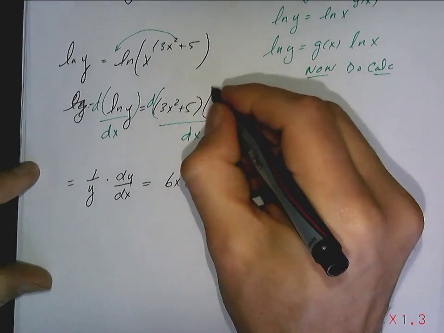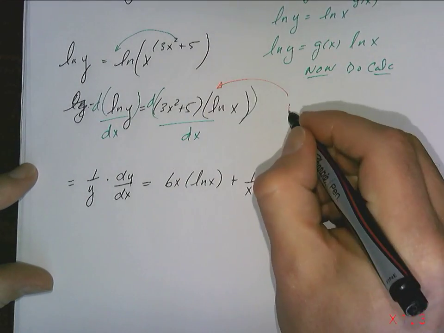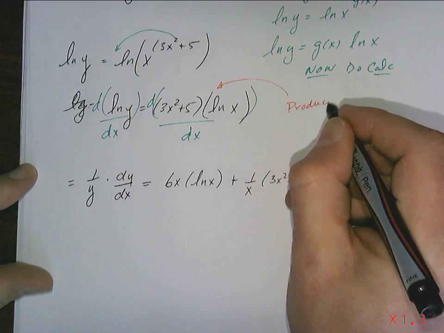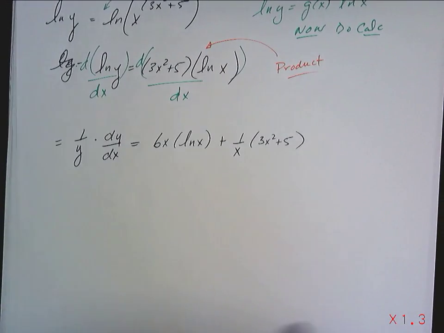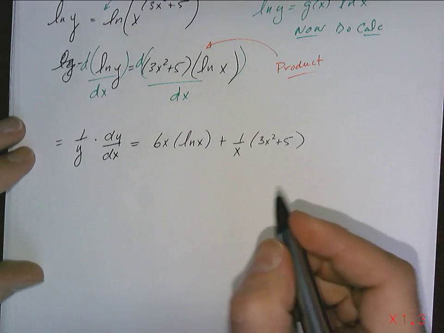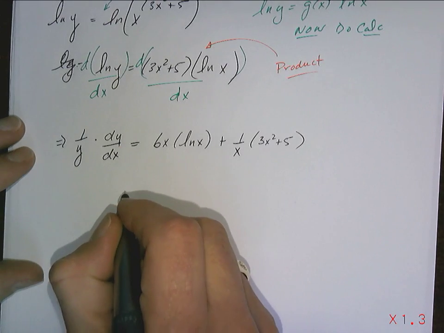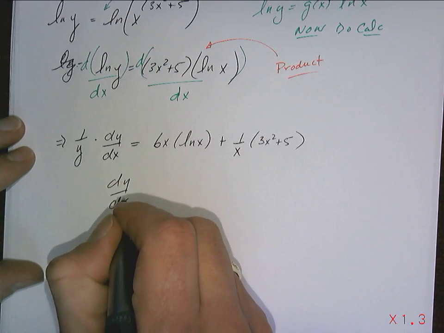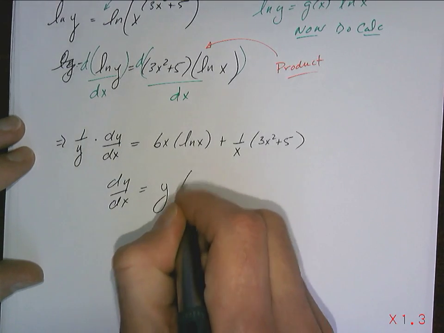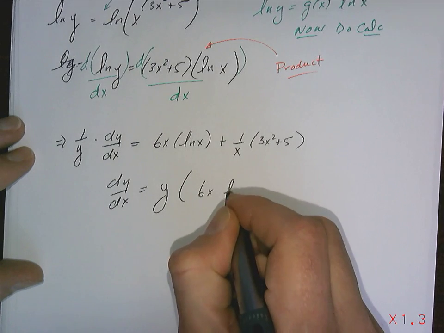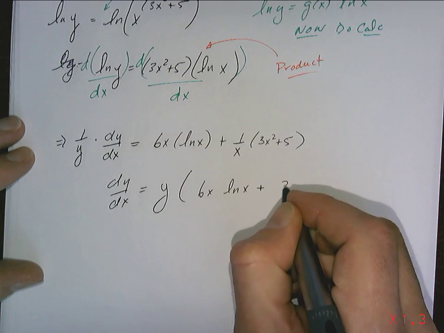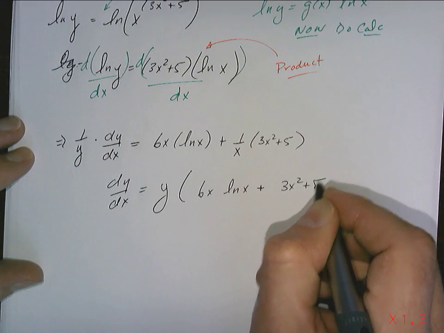This, remember, is a product. And the final answer is going to look something like dy by dx equals y times 6x ln x plus 3x squared plus 5 over x.